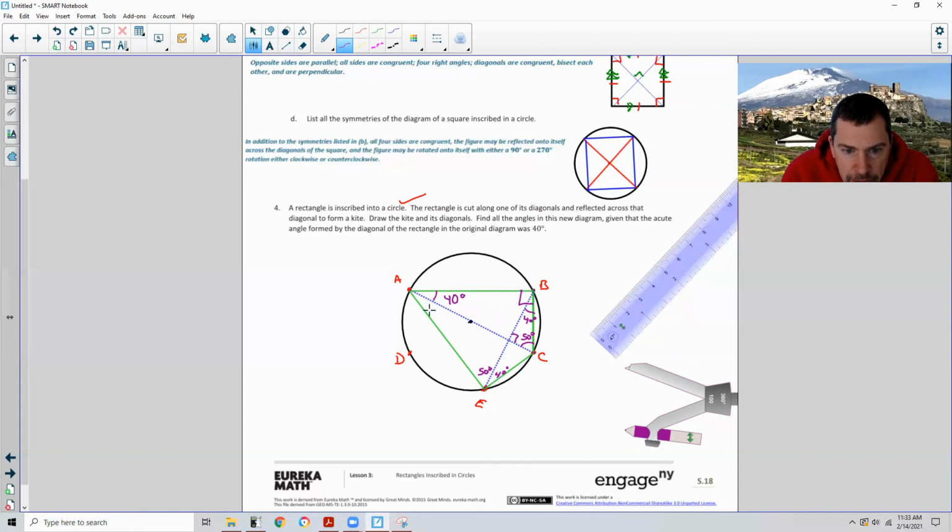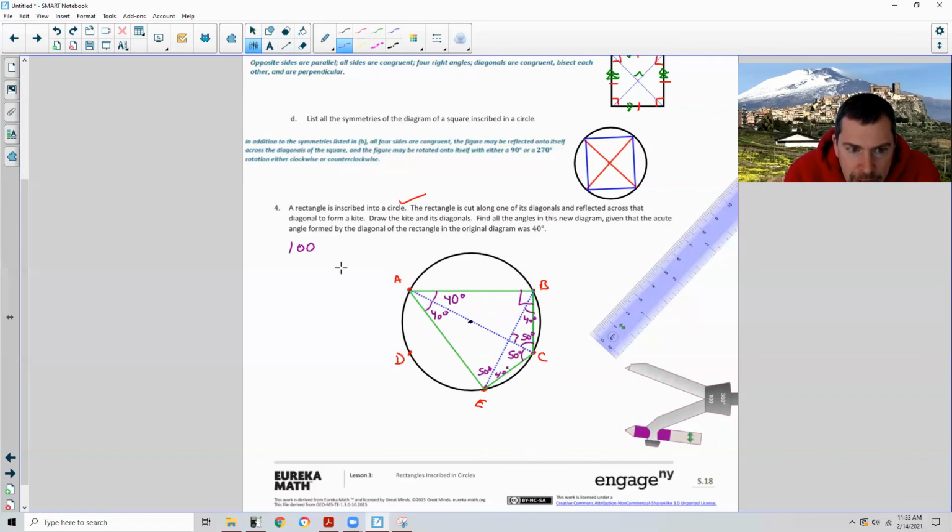And so this angle here is also going to be 40 degrees because this bisects the kite. And this angle up here is 50 degrees. So the total up here is 100. The total down here is 80 and 90 and 90. So we had 100 degrees.